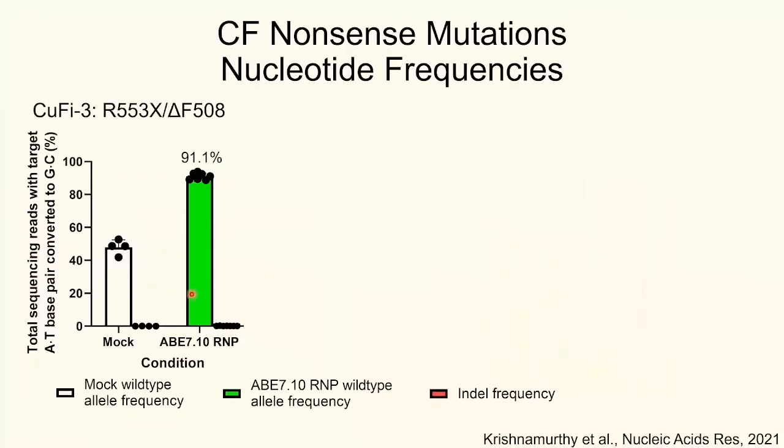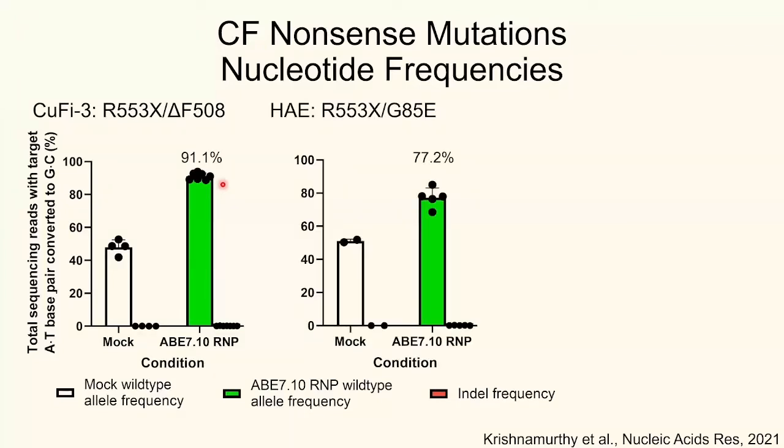And so for the R553X mutation using the CUFI3 cell line, on the x-axis, we have the condition, mock or ABE710 RNP treated cells. And on the y-axis, we have the percentage of total sequencing reads with the targeted A to T base pair being converted to a G to C base pair. For the CUFI3, the targeted adenine nucleotide was converted 91% of the time to a guanine nucleotide.